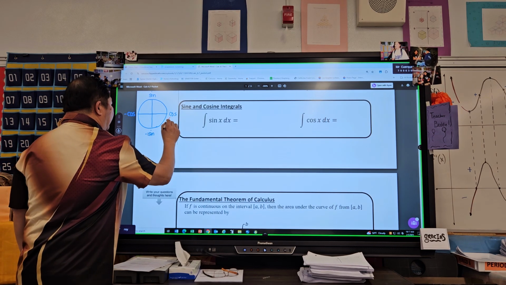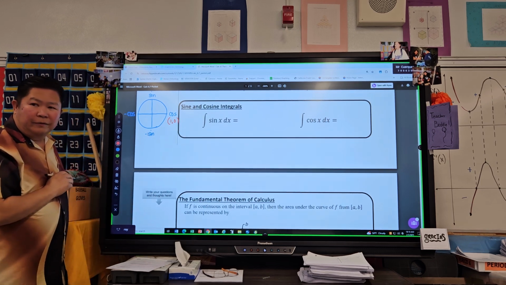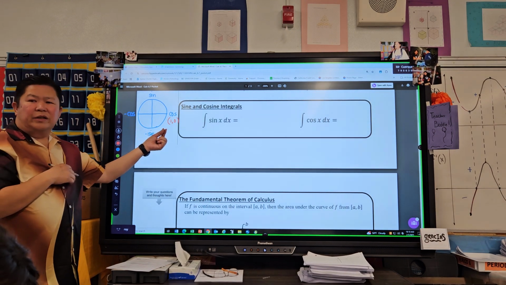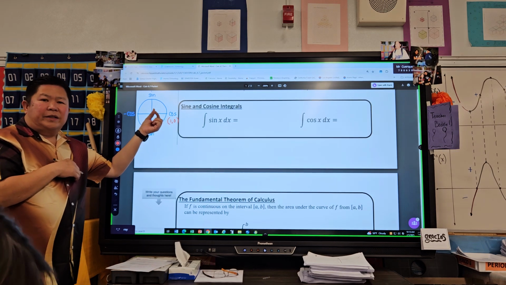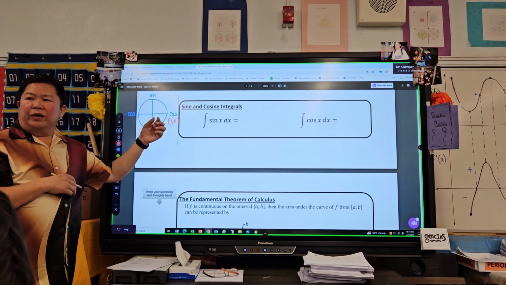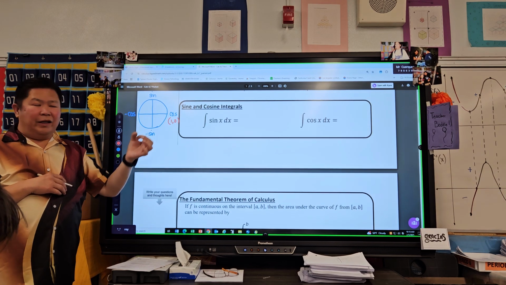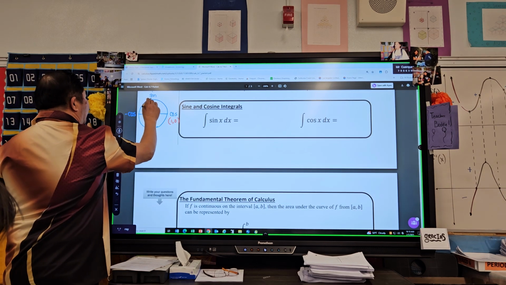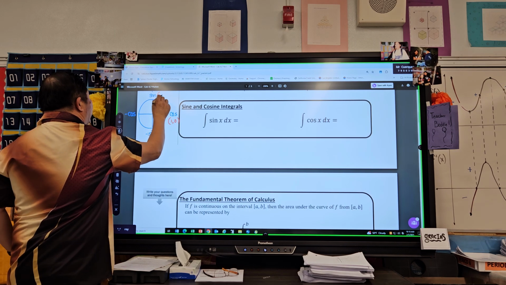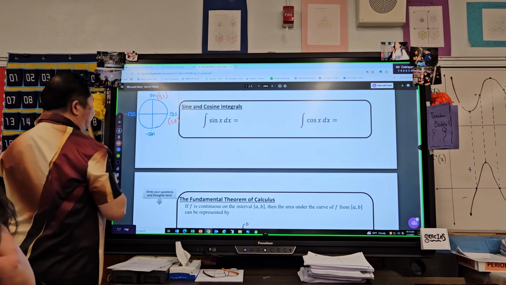What's the coordinate? 1, 0. That's why cosine is positive. So cosine of 0 degrees is 1, but sine of 0 is nada. How about this coordinate? 0 for cosine, 1 for sine.